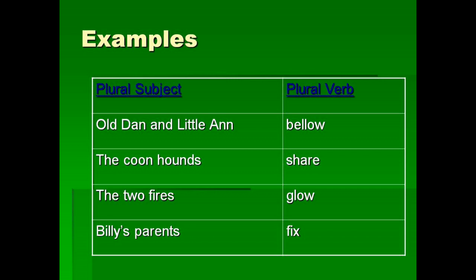The two fires glow. One glows, but many glow. Billy's parents fix. So parents fix, but a parent fixes. But if there are many, we say fix. So the plural verb takes a plural subject, and a plural subject takes a plural verb.